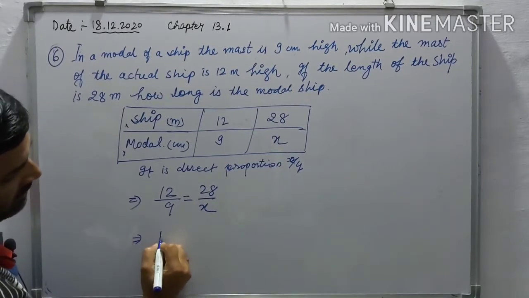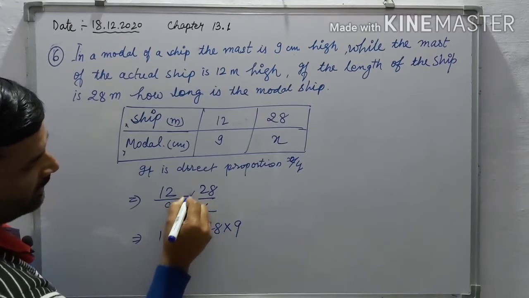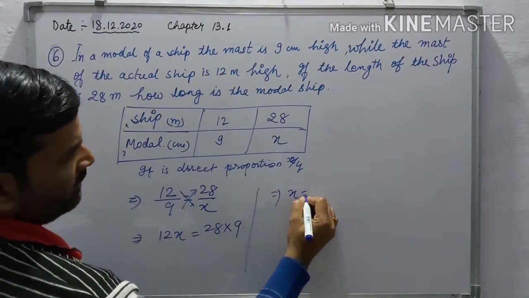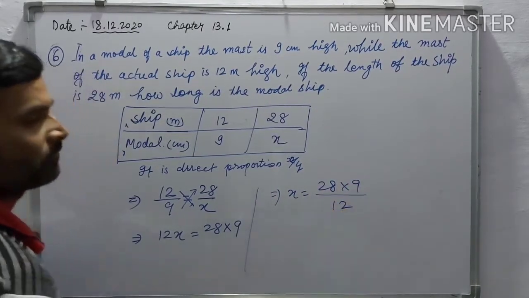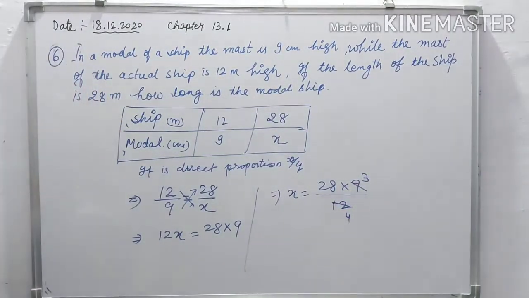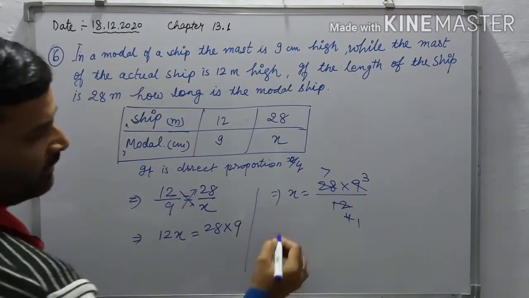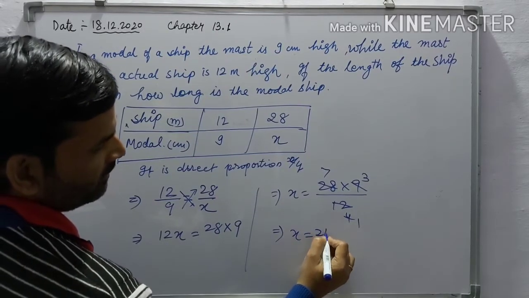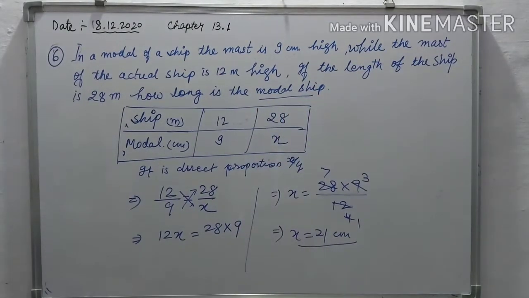Cross multiplication: 12x is equal to 28 multiplied by 9. Now x is equal to 28 into 9 upon 12. 3 3s are 9, 3 4s are 12, 4 1 is 4, 4 7s are 28. It means x is equal to 7 3s are 21 centimeter, which is the length of the model ship.